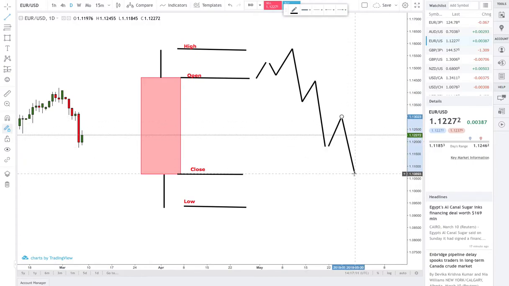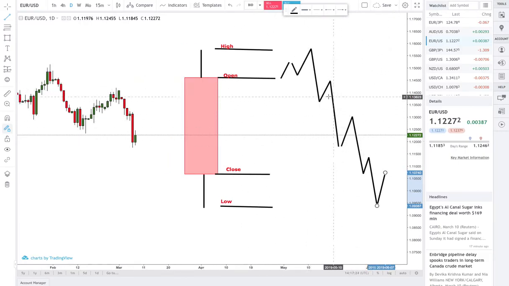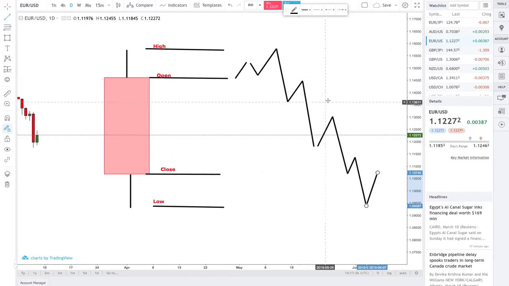Then it hits the low, and then comes back up and closes within that 24 hours. And that's what price would look like on maybe an hour chart. So I would want to mark that and let you know that this is a lower time frame.